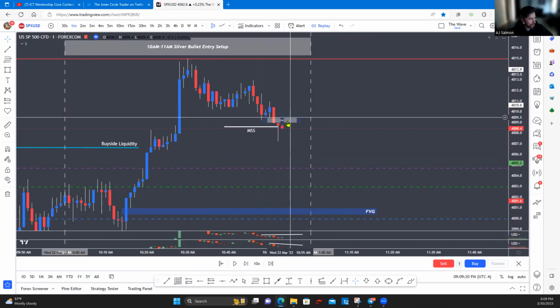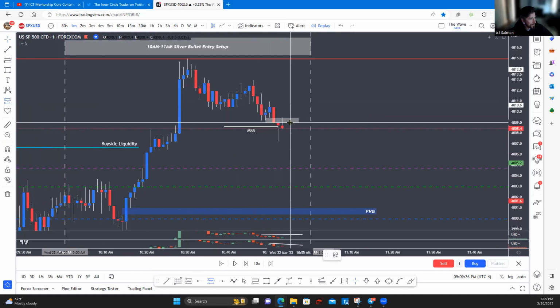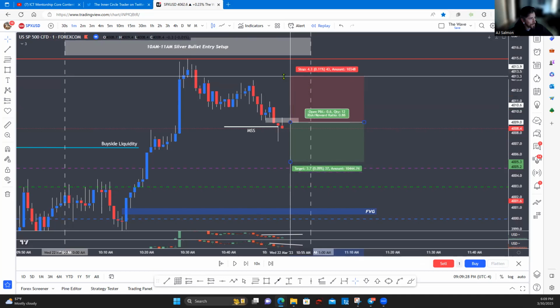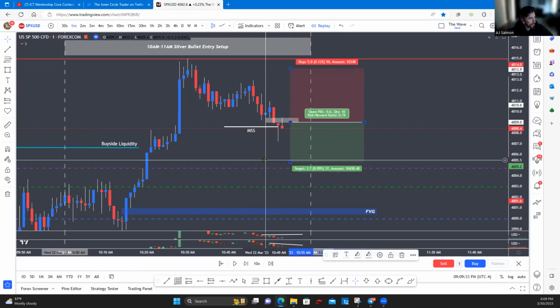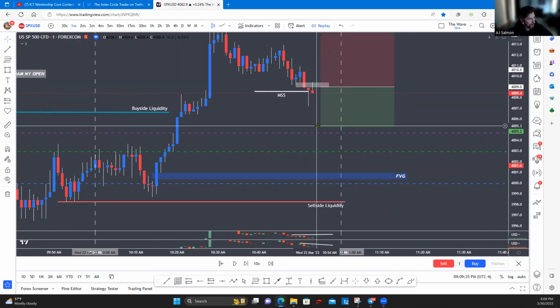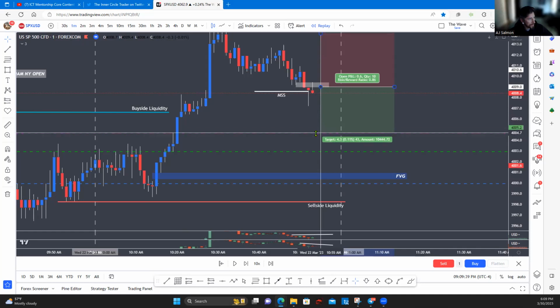We'll move this forward. So there could be your entry, as it comes back up into price, short into this gap. Stop is going to be 5 points. And we're going to be targeting the next area of liquidity. You could go for this one back down to the New York open, but it's not really a good RR.